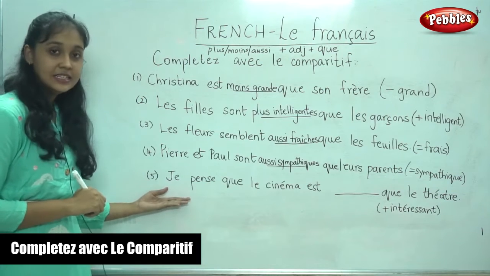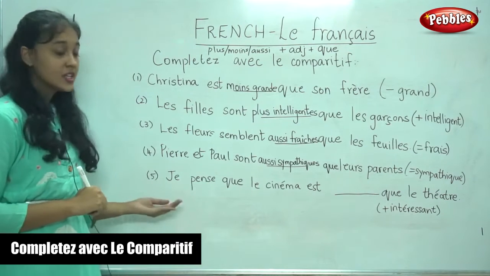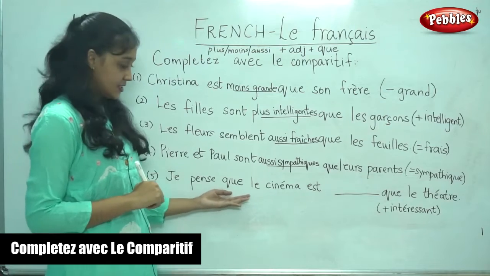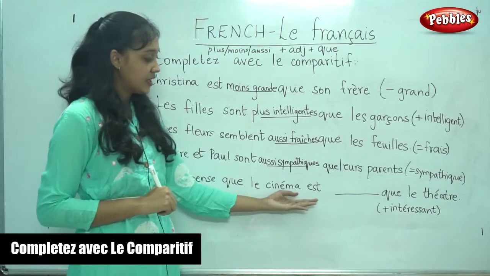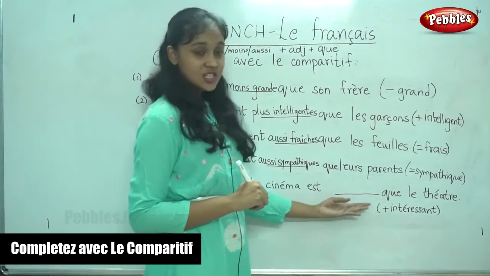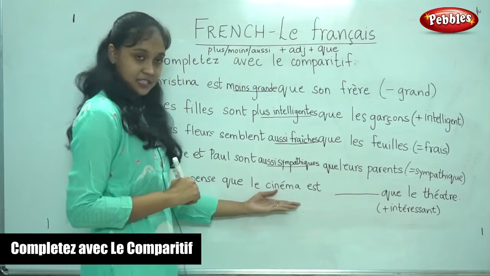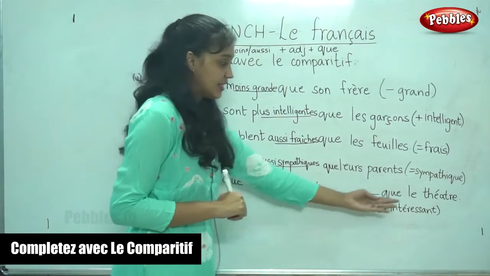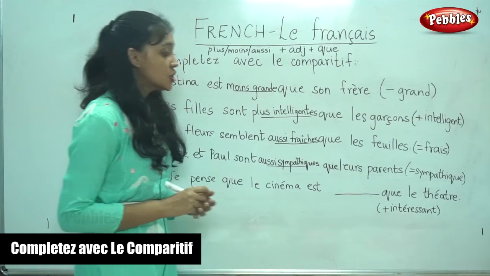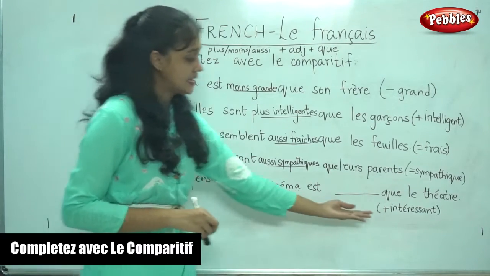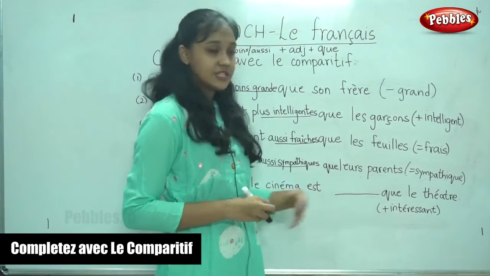And finally, the last sentence. Je pense que, I think that, le cinéma est dash que le théâtre. I think that the cinema is dash than the theatre. So now, what is the symbol given to us? It is the positive symbol.